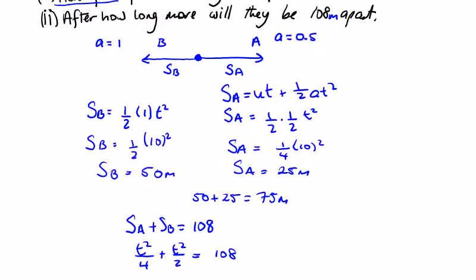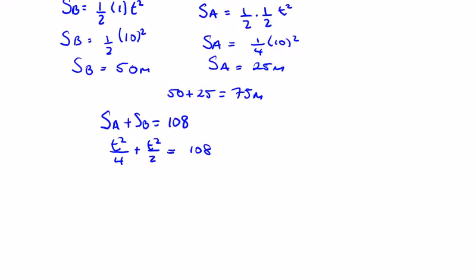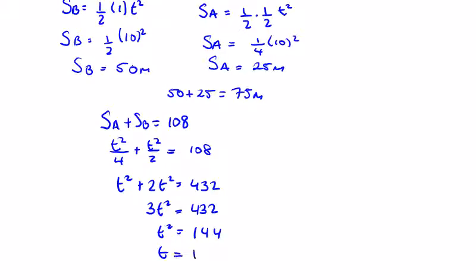And that's equal to 108. If I multiply by 4, I'm going to get T squared plus 2T squared is equal to 432. So 3T squared is 432. Does 3 divide into that? T squared is equal to 144. So you can see, in fact, here it does divide in evenly. T is equal to 12 seconds.